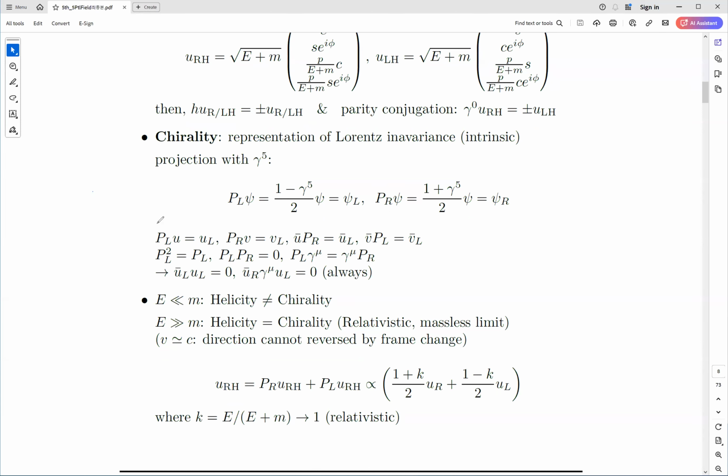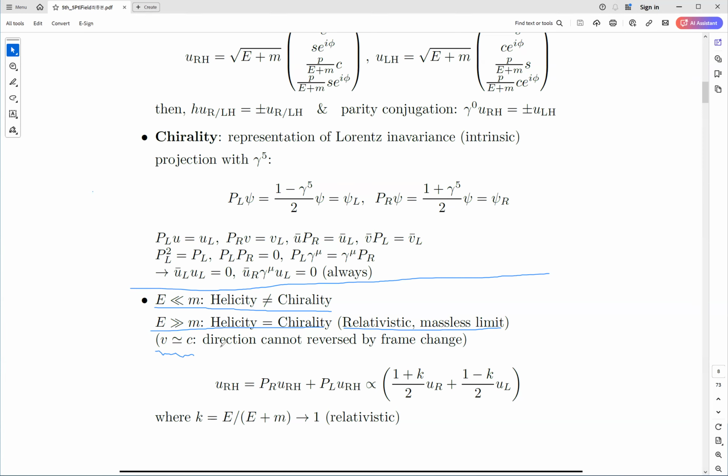So we can compare between the chirality and the helicity. For the relativistic case, the chirality and the helicity are the same, but in the non-relativistic case, the helicity and the chirality are different. In the relativistic and massless limit, the velocity is almost the speed of light, so the direction cannot be reversed by a frame change from some transformation.